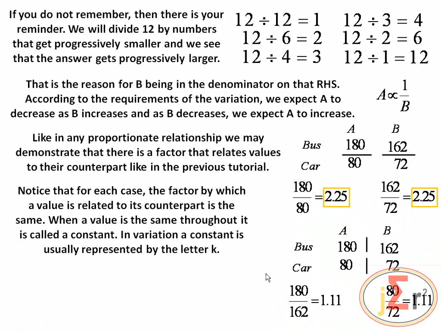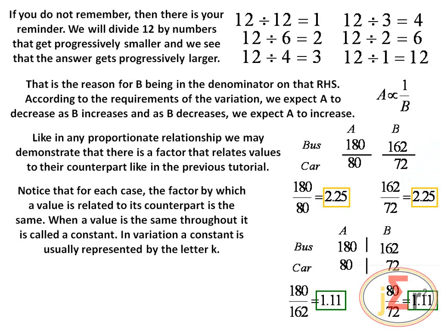So we are highlighting those constant values because in a direct variation problem, the constant value, even if we do not calculate it, is always assumed. And because of that, we are highlighting the constants right there.